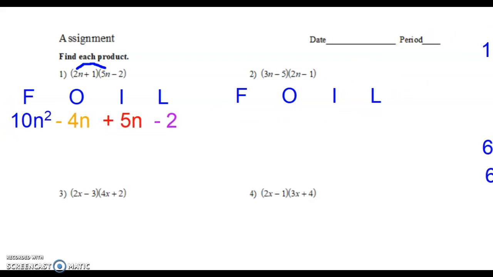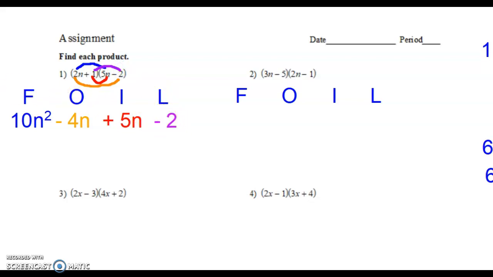Now I'm going to do the outsides, and we have 2n times negative 2. That's going to give us a negative 4n. I'm going to go ahead and do the insides, 5n times 1 is 5n. And last times last, negative 2 times 1 gives me a negative 2.